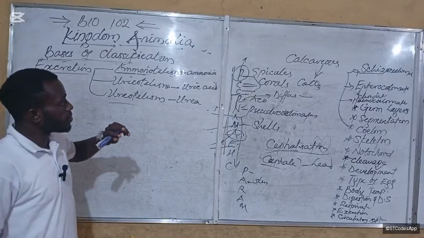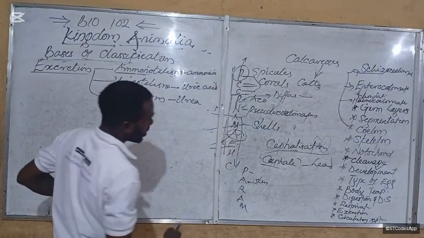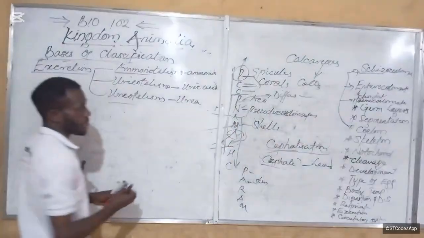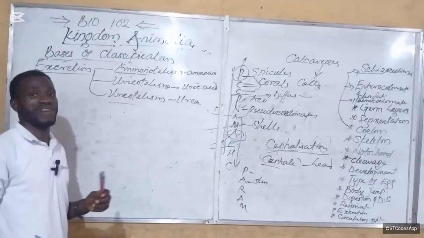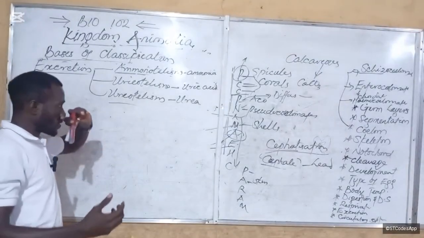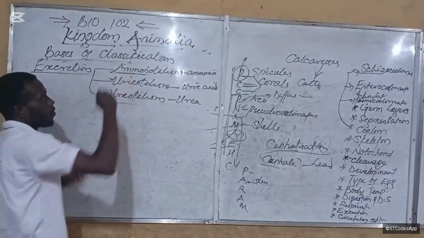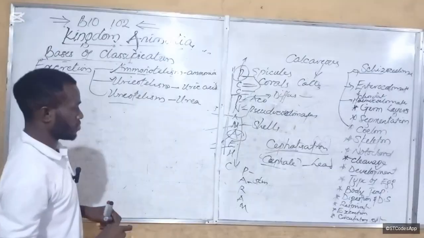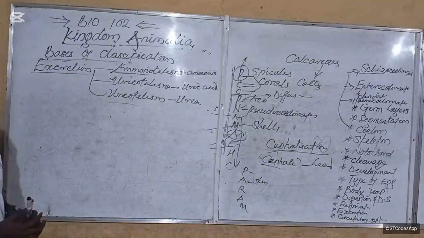From here, ammonia, downward like this. While some arthropods, depending on their environment, there are some in water and some outside, they either excrete uric acid or ammonia. Okay, so that's how we classify them.